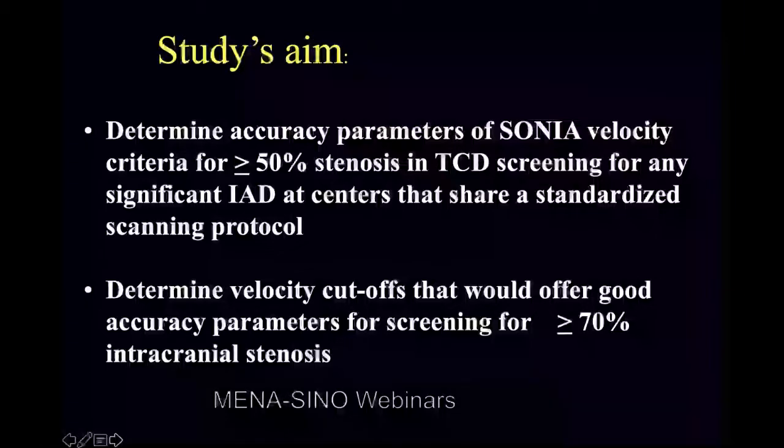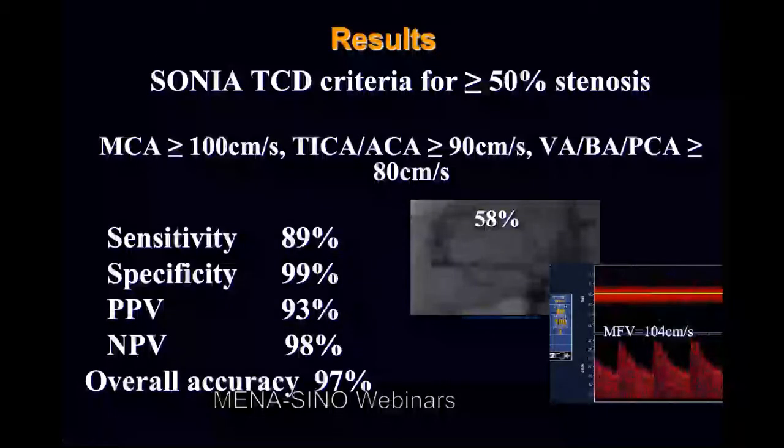So we decided to look at the SONIA velocity criteria for more than 50% stenosis on TCD for intracranial atherosclerotic disease, and determine the cutoff that would offer good accuracy for screening for more than 70% intracranial stenosis. Using the SONIA criteria, as I said, for mean flow velocity more than 100 for MCA, ICA, ACA more than 90, vertebral basilar more than 80, we reached a good sensitivity and specificity.